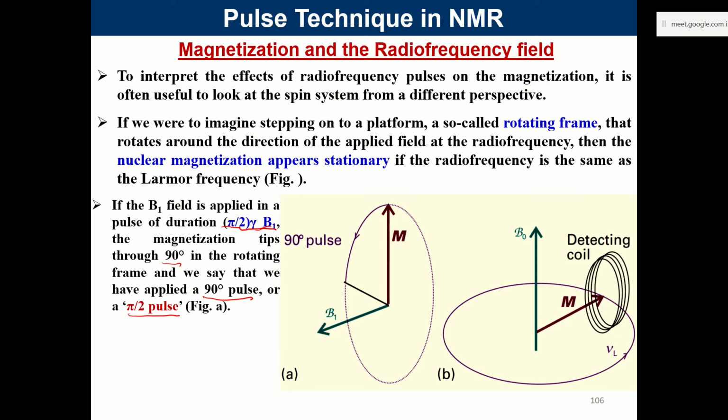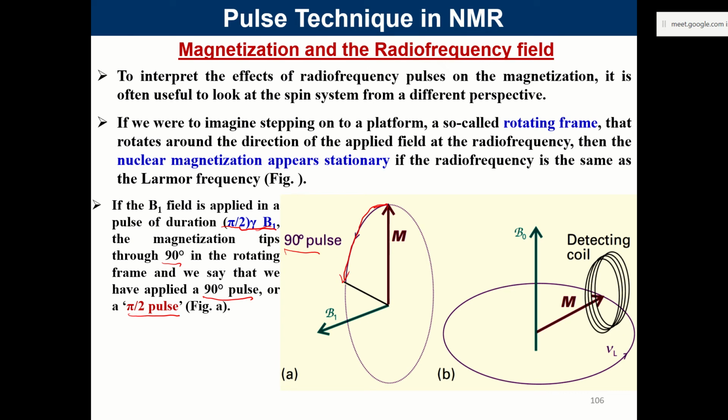Okay, so 90-degree pulse means that this vector, you started from here and you are only moving up to this. So you're coming from here to here, it is 90-degree.